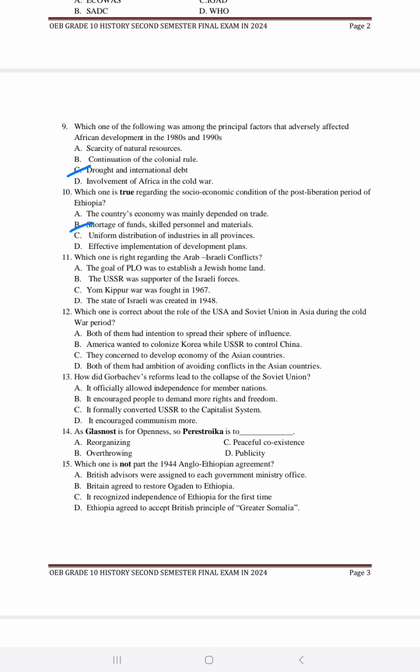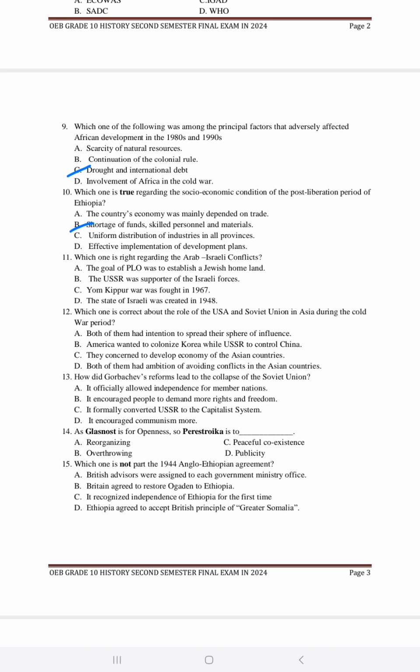A. The goal of the PLO, the Palestine Liberation Organization, was to establish a Jewish homeland. No. It was to oppose the establishment of a Jewish homeland and to establish the Palestinian homeland. A is not correct.